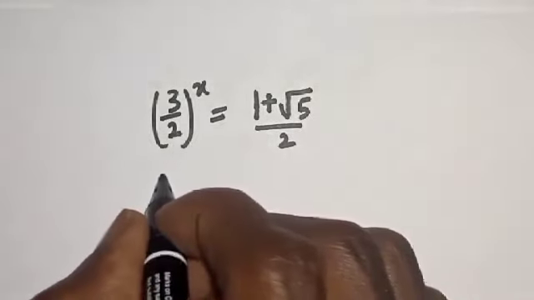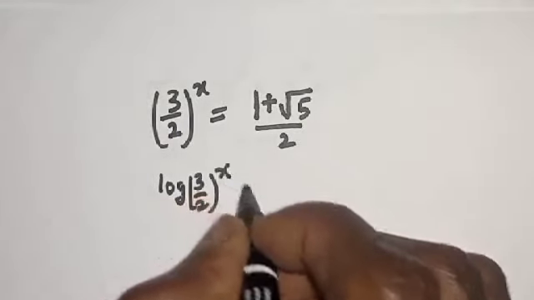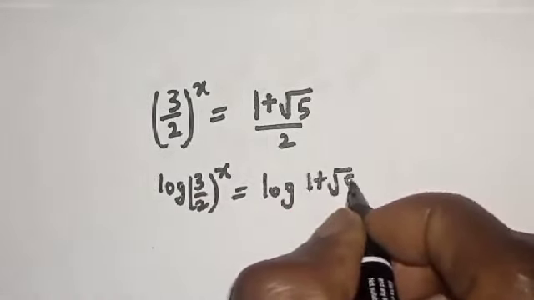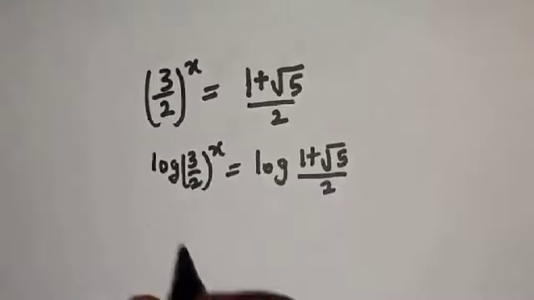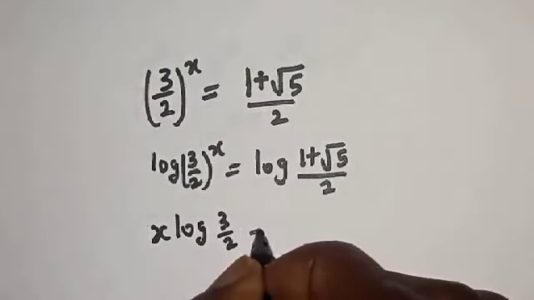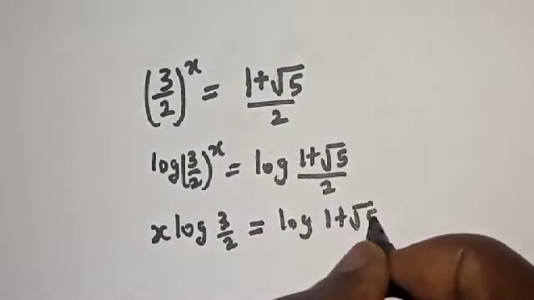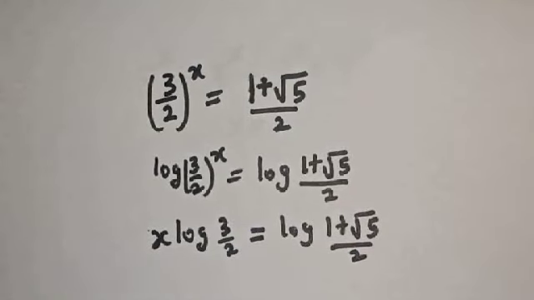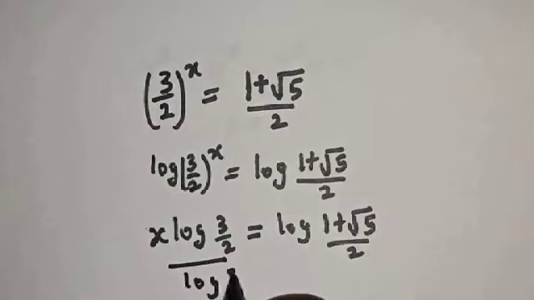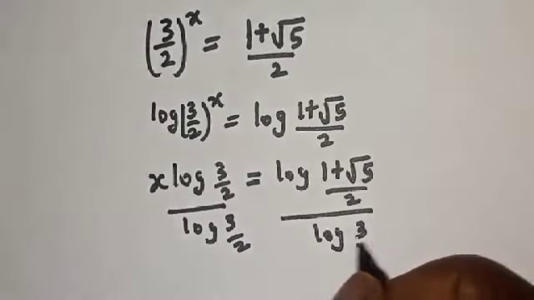Now let's take the log of both sides. Log of 3 over 2 raised to power x is equal to log of 1 plus root 5 over 2. Then this is x log 3 over 2 is equal to log 1 plus root 5 over 2. Now let's divide both sides by log 3 over 2.